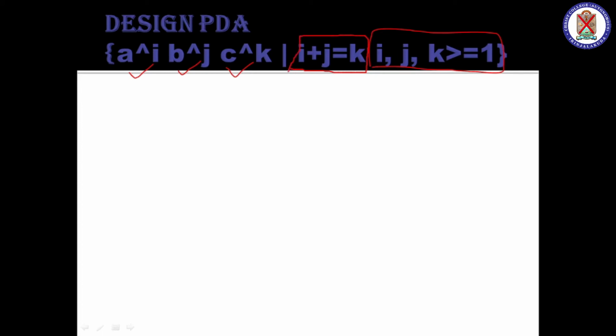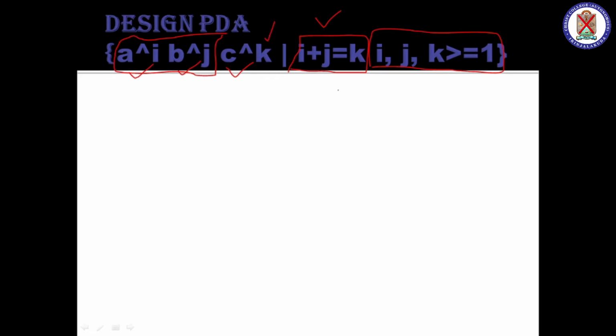Okay. Next, this is a very important condition, that is i plus j is equal to k. What does it mean? The number of a's and number of b's, that sum must be equal to what? c. That is the saying of this condition: the number of occurrences of a and the number of occurrences of b must be summed and that must be equal to what? c.